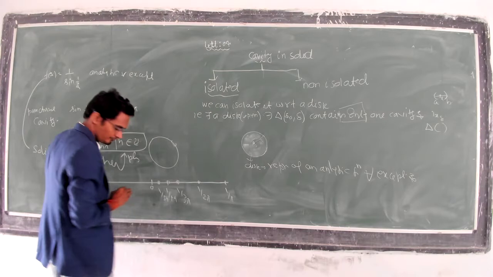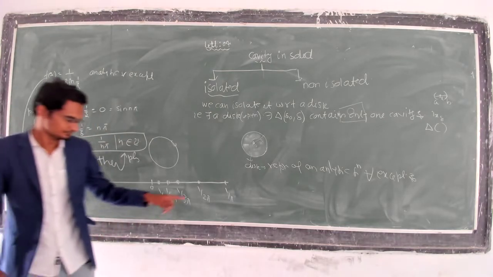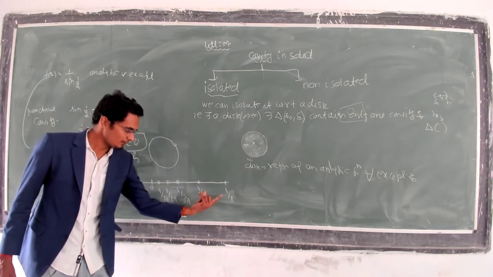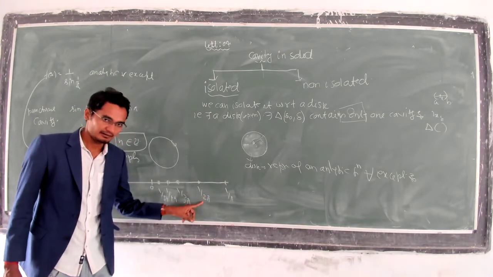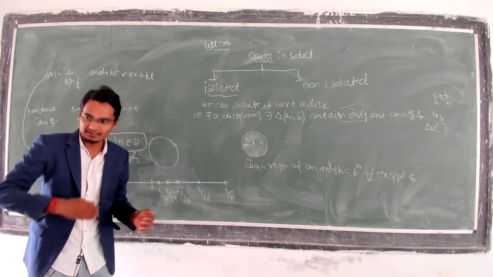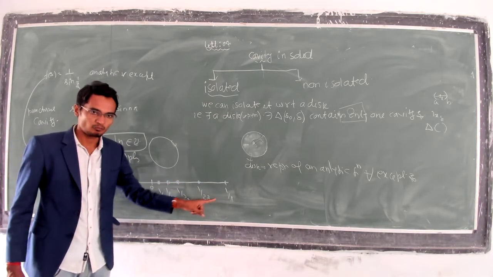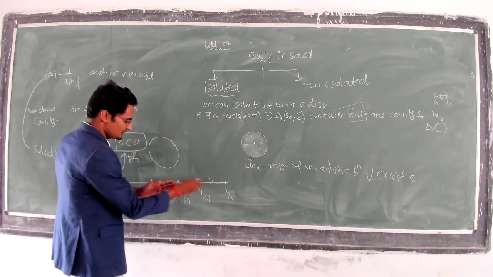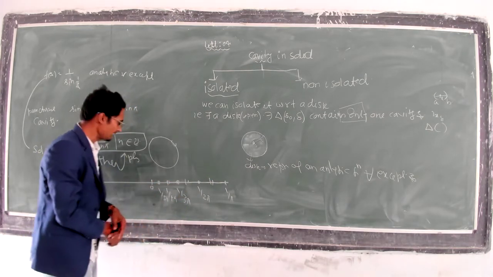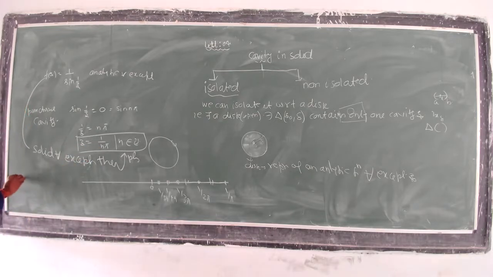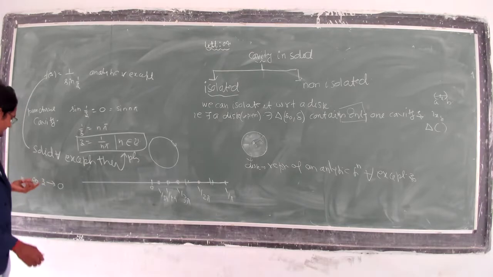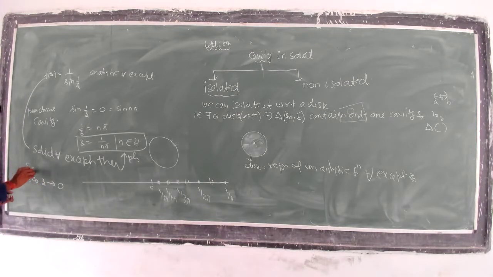But if you remember, 1 upon pi, 1 upon 2 pi, and so on. As n increases, this distance is bigger than this, because as n tends to infinity, z tends to 0. This is the definition of a sequence.